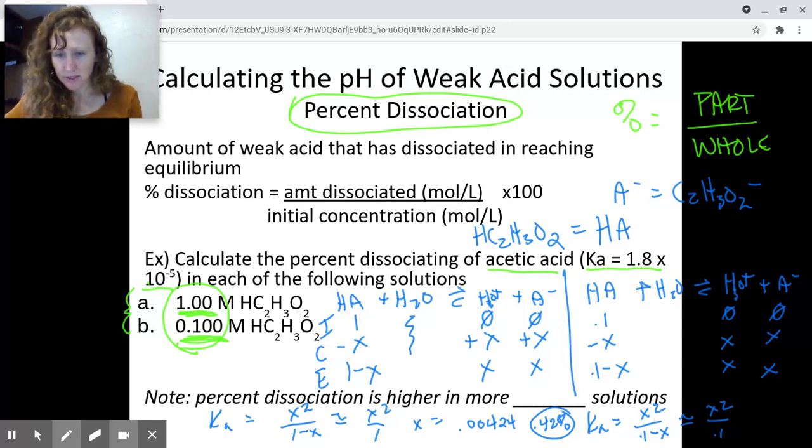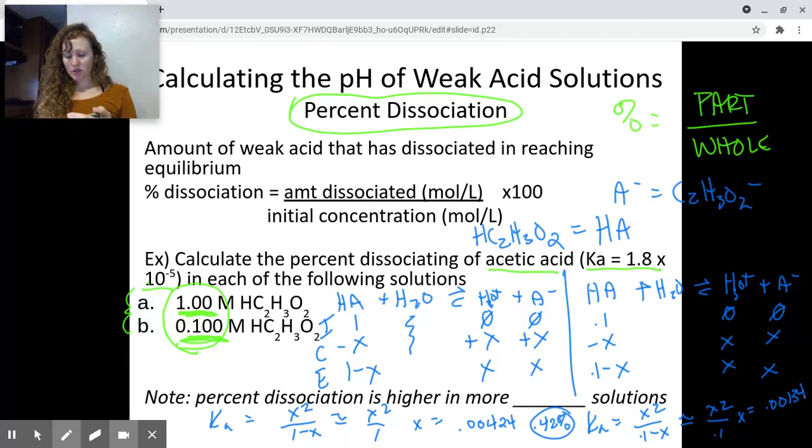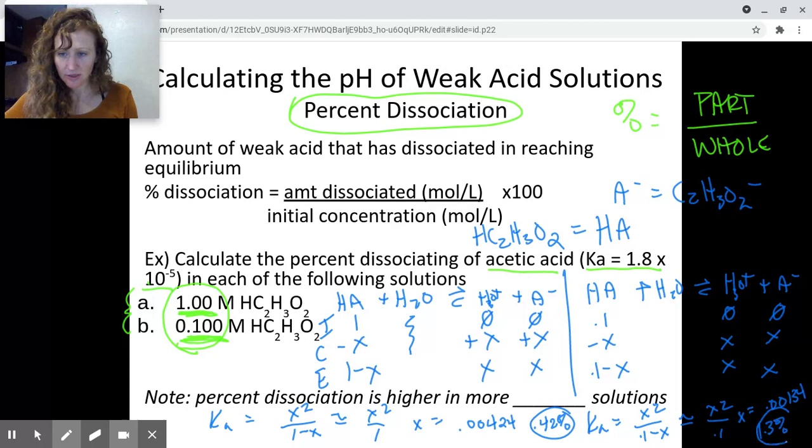All right, this one, I get x to be equal to 0.00134, which when divided by my initial concentration of 0.1 and multiplied by 100, I get a 1.3% dissociation. Interesting.